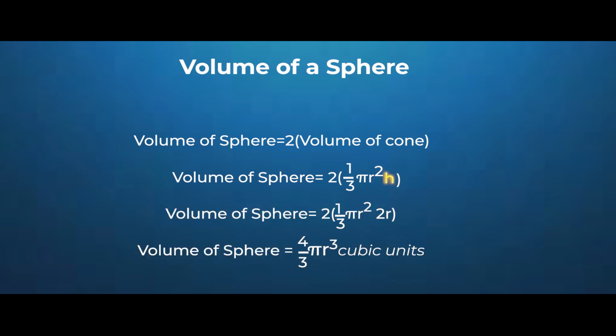So if we simplify further, we can replace the value of h with 2r, because the height of the sphere is twice its radius. And the final formula for calculating the volume of a sphere would be 4/3 pi r cube cubic units.